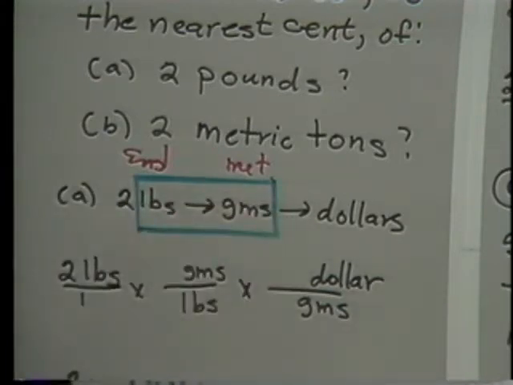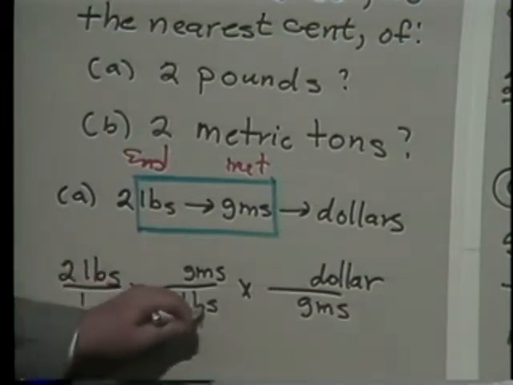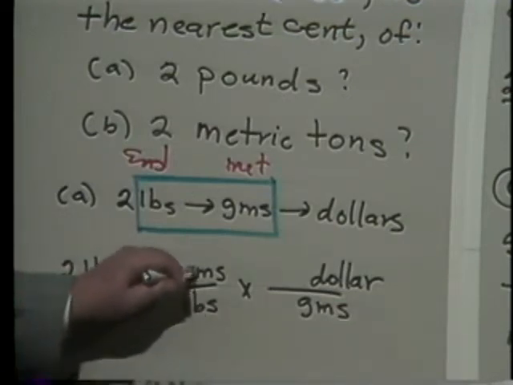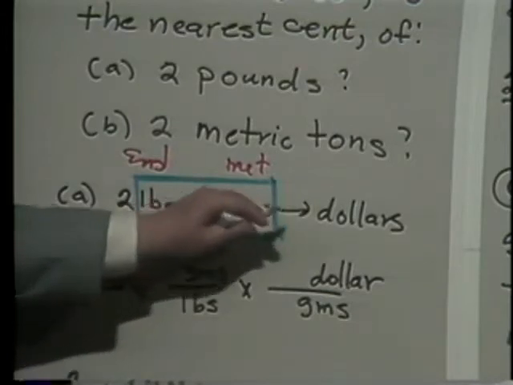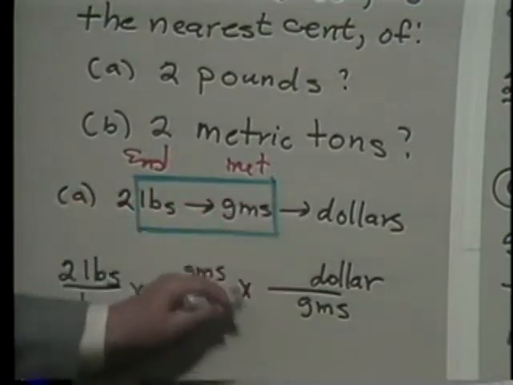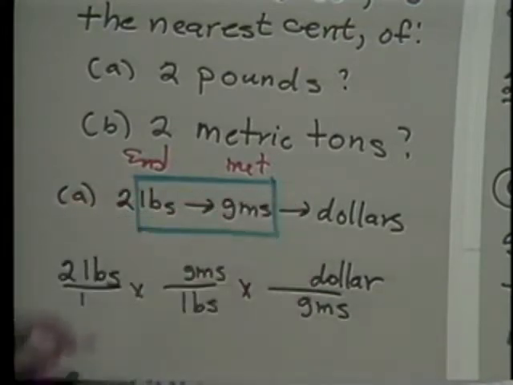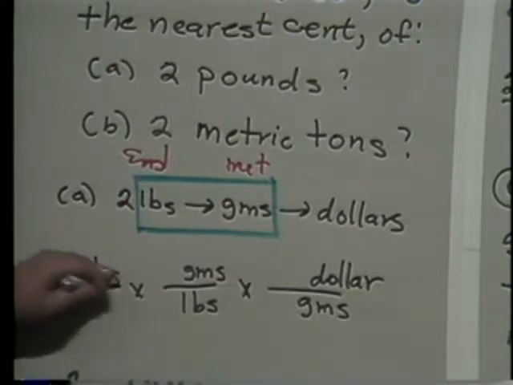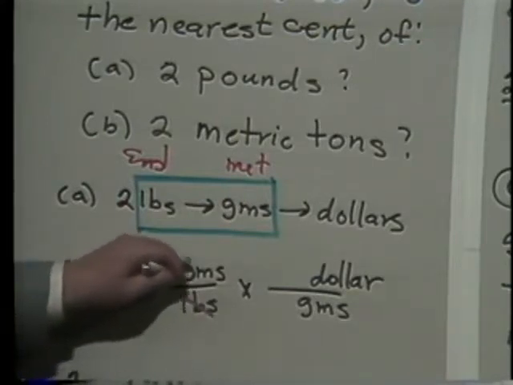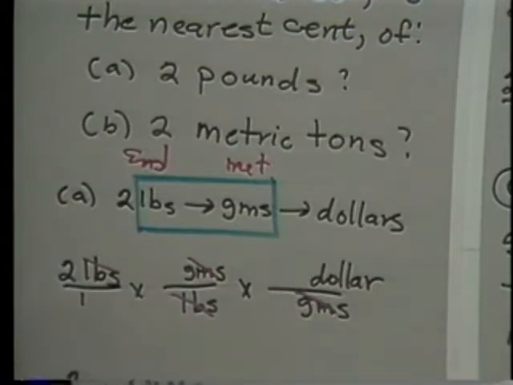So the way this is going to look is, I start with 2 pounds. See, I want the pounds to cancel, and I can express pounds in terms of grams. I use this picture over here to motivate this picture down here. See what this says? I'm going from pounds to grams, and from grams to dollars.